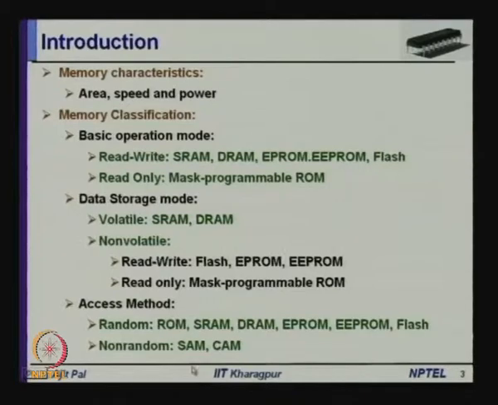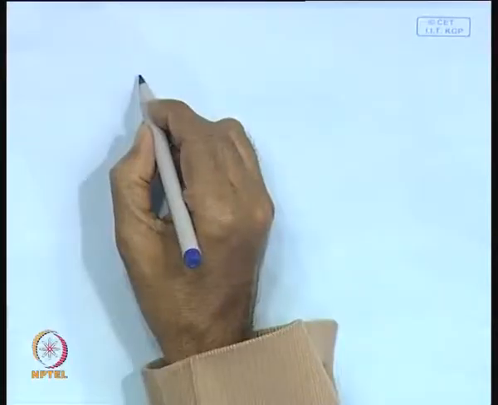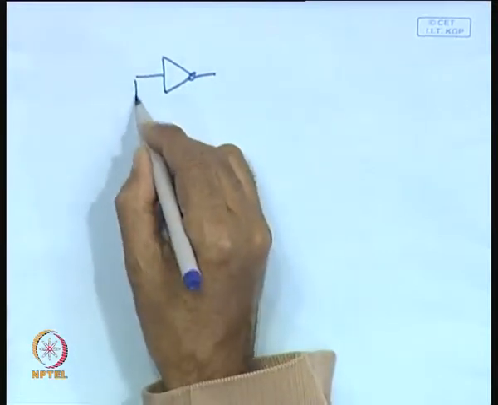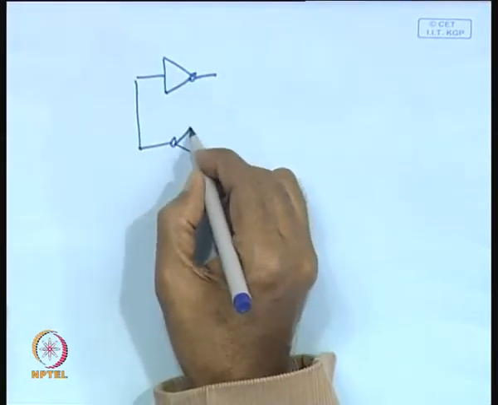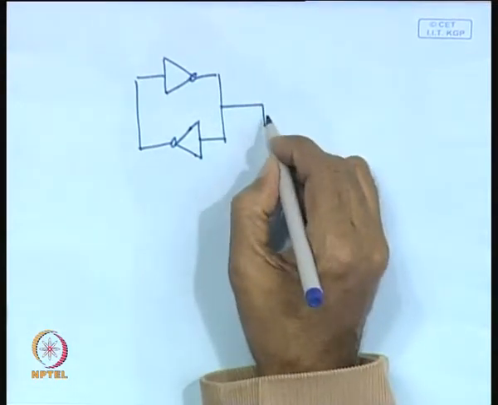Now, let us focus on the static RAM cell, which is one of the most important components of any computer and other electronic systems. A static RAM cell can be realized by using 6 transistors as it is shown here. Essentially, it is realized in the form of two inverters connected back to back, and there are two switches.